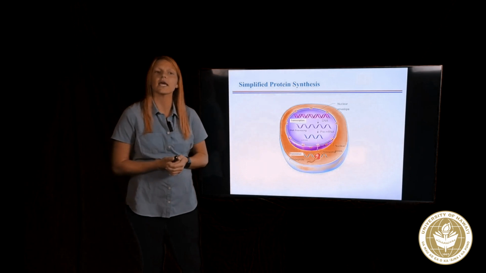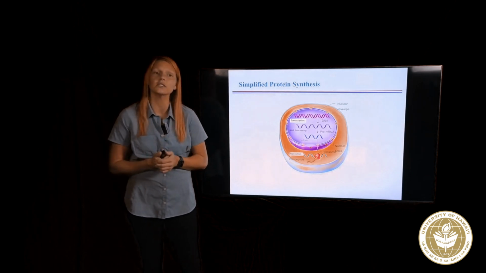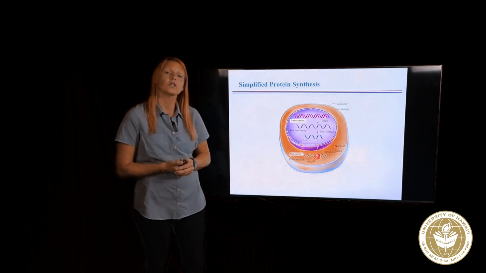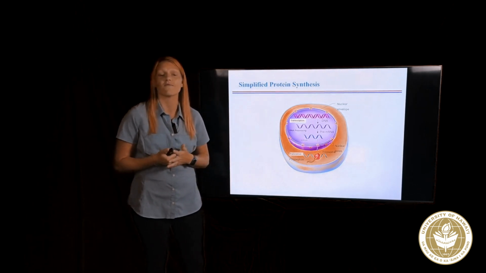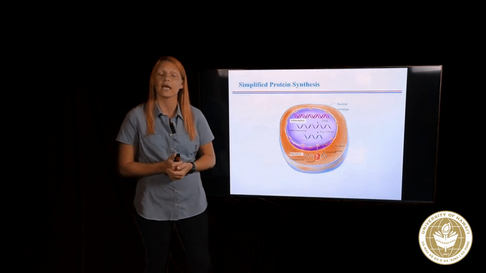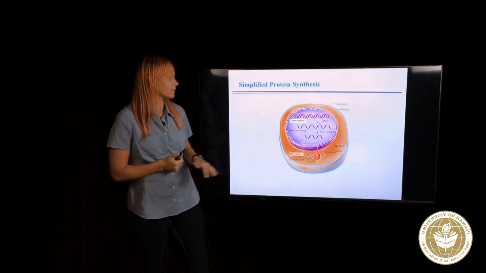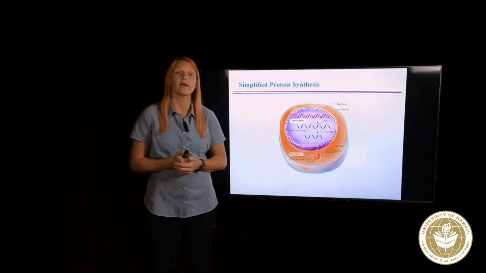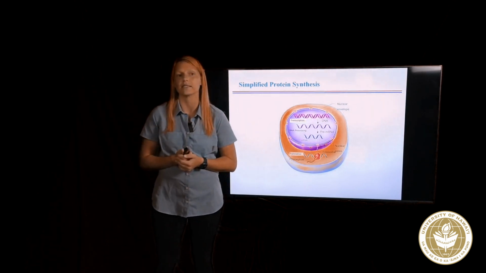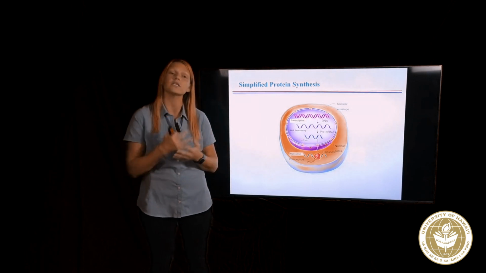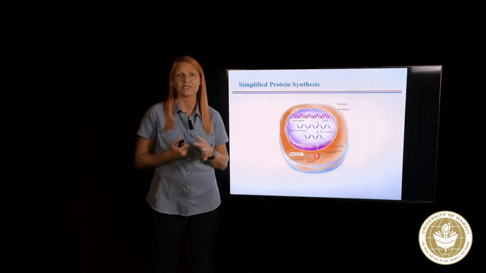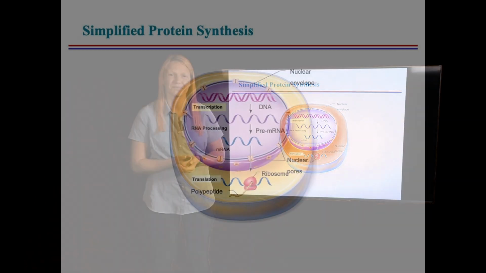So cellular DNA contains instructions for building the various proteins that the cell needs to survive. So in order for a cell to manufacture these proteins, specific genes within its DNA must first be transcribed into mRNA, and then these transcripts must be translated into chains of amino acids, which later are going to fold into fully functional proteins. So hopefully this process of protein synthesis makes sense to you.